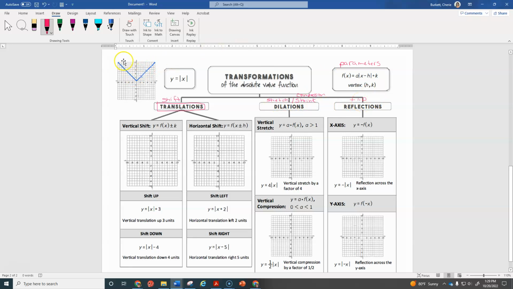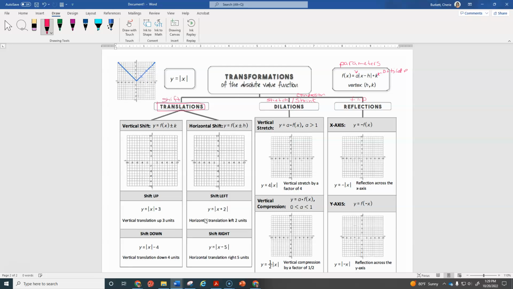So we are starting off with the parent function. This is the graph of the parent function right up here, y equals the absolute value of x, and we're going to shift it. Remember, we have two different kinds of parameters. The ones that are outside, this is an outside parameter. Why?